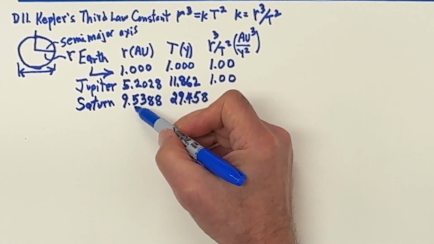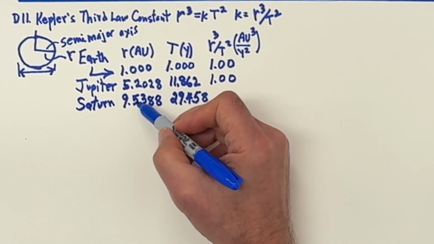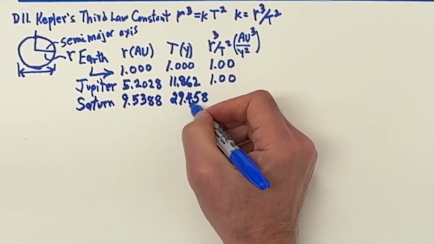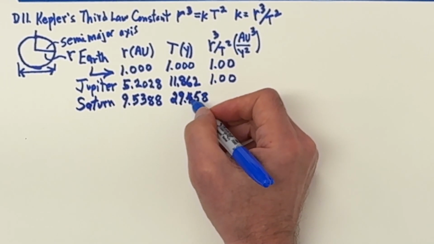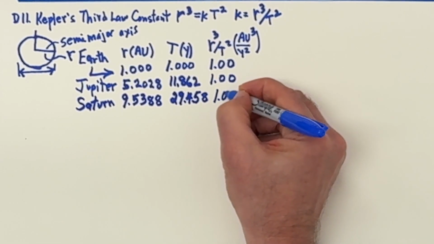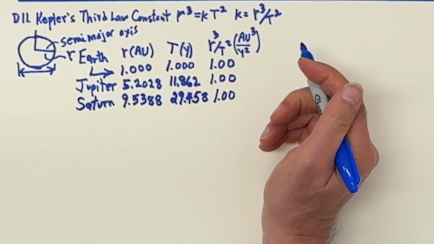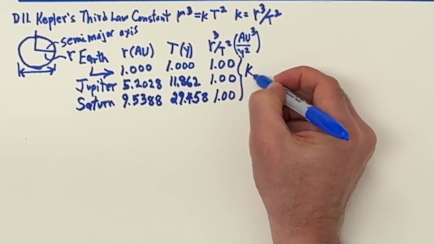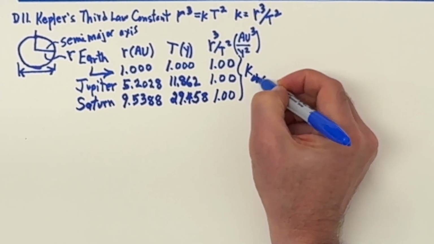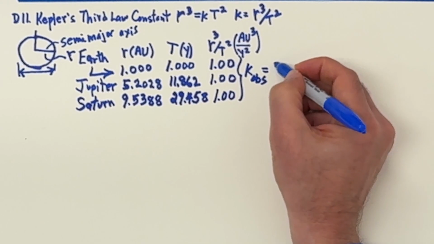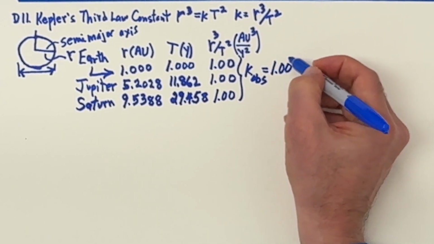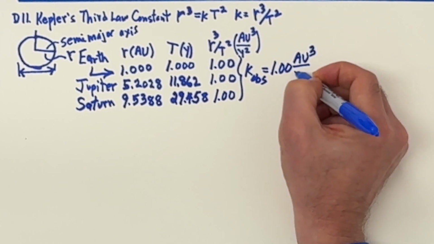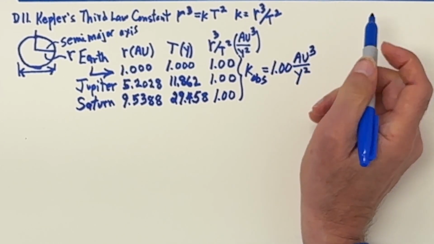And if you take the 9.53, etc., and cube it, and take the 29 point whatever years and square it and divide, you also get 1.00. So what we could say is that the observed Kepler constant in these units is 1.00 astronomical units cubed over years squared.